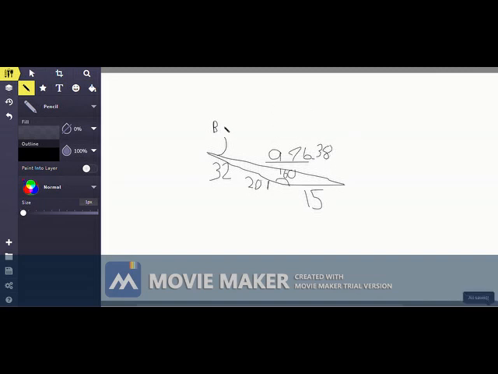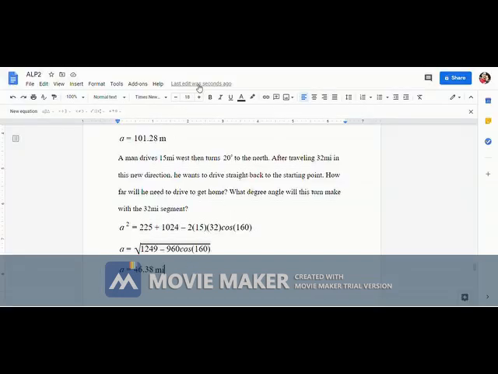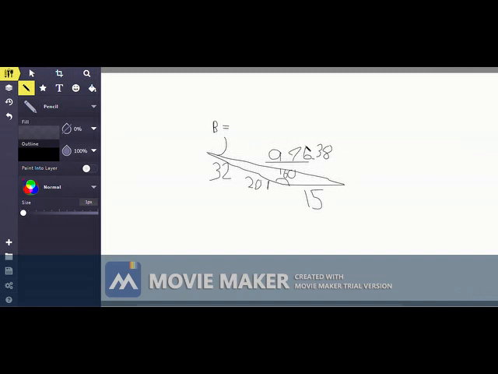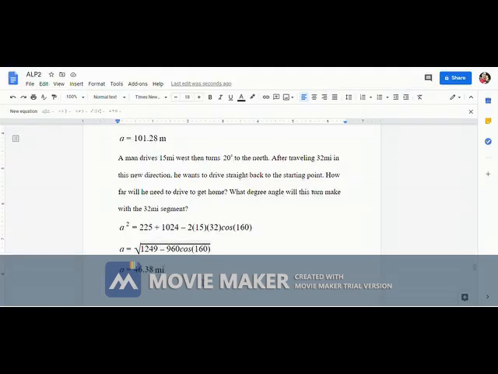Now we want to find what this angle equals. We have a side here and the angle opposite it, and then we have a side here and we want to know what the angle opposite that side equals. So we'll just use the law of sines.